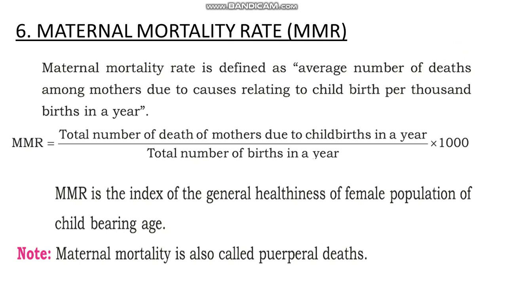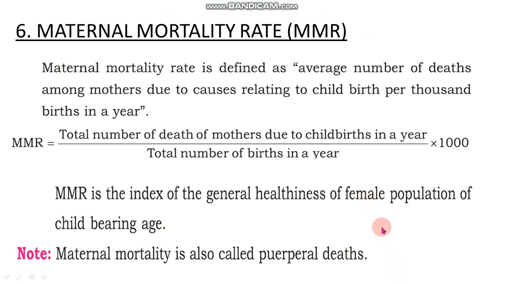Formula: the total number of deaths of mothers due to childbirth in a year divided by the total number of births in a year, multiplied by 1000. Note that MMR is equal to this.